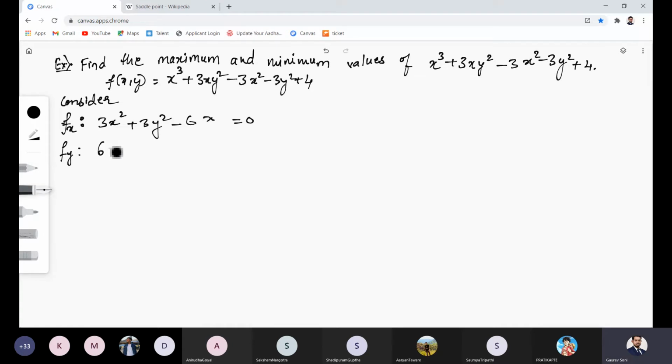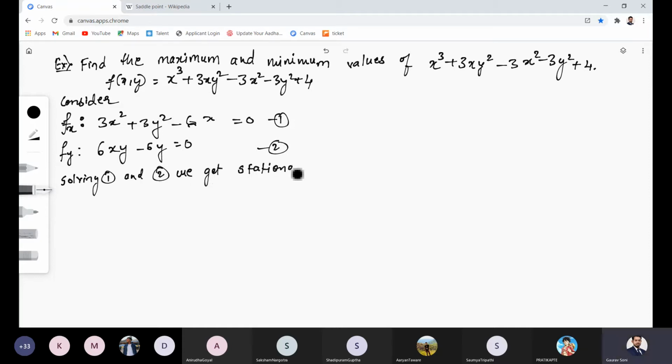That is going to be 6xy minus 6y equal to 0. So to find the stationary points, solve 1 and 2.